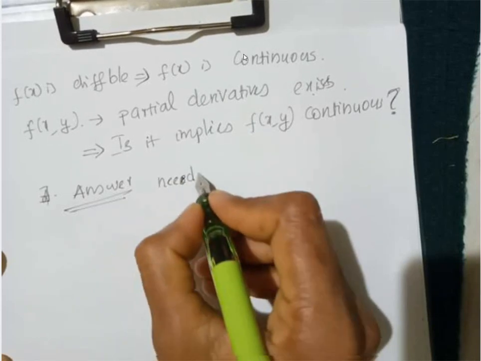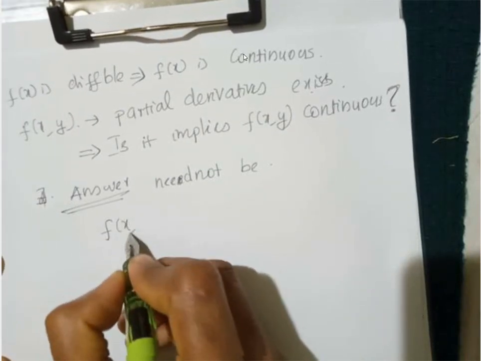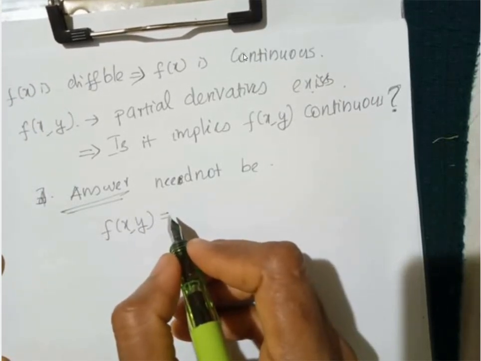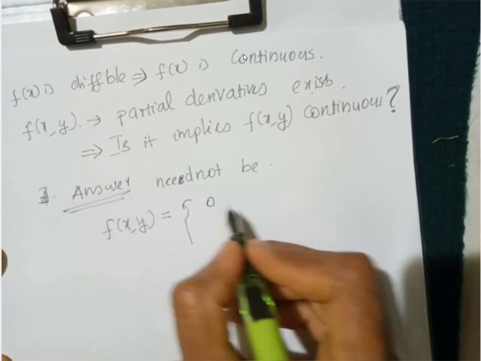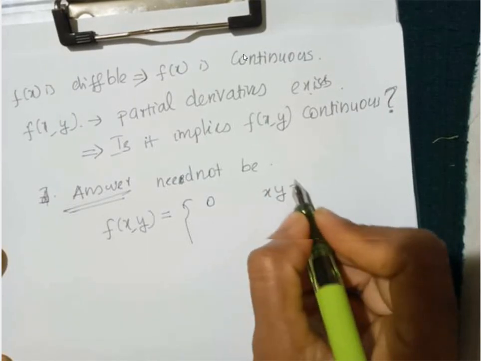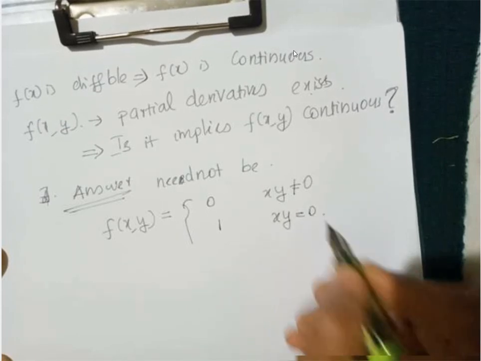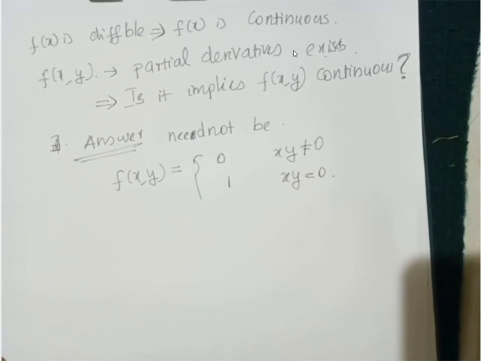For example, f(x, y) equals 0 for xy not equal to 0, and 1 if xy equals 0. Please look through the textbook; you can see the graph of this example. From this, the partial derivatives exist, but it is not continuous.